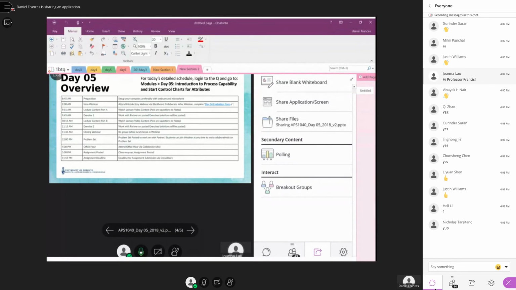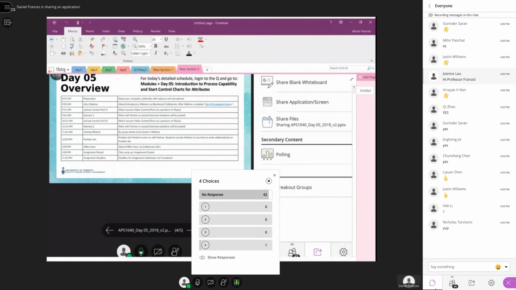We have exercise 1, exercise 2, and problems 1 and 2. So there's 4 of them. Okay, so let's go for a polling, 4 choices, start. 1 is exercise 1, 2 is exercise 2, 3 is problem 1, and 4 is problem 2.